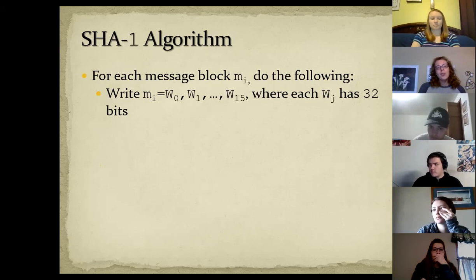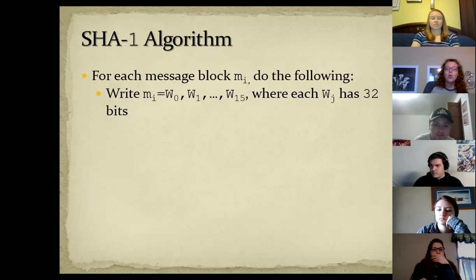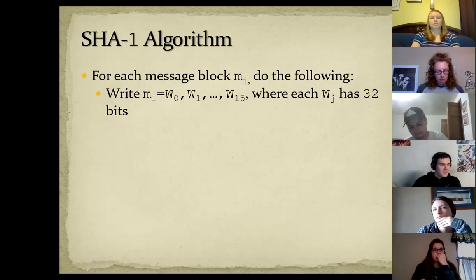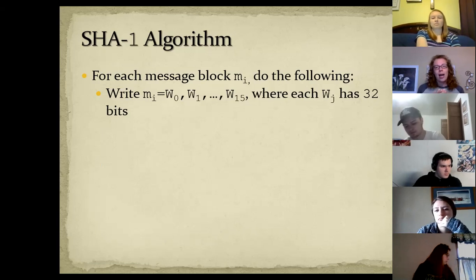I want to write this message block as W0 through W15. Each W sub J has 32 bits. So we've got 16 blocks of 32 bits each. If you do the multiplication, 16 times 32 is 512.